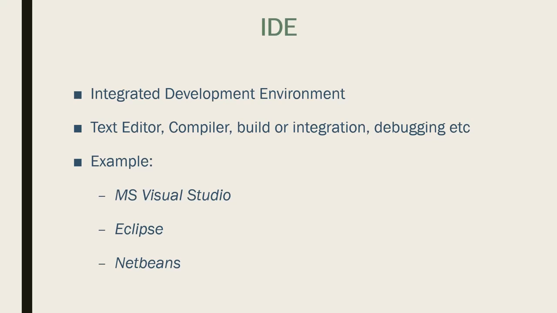In this way we can avoid some heavyweight applications on your laptop or PC. IDEs like MS Visual Studio and Eclipse are heavier compared to text editors. Notepad++ and Sublime are very lightweight.